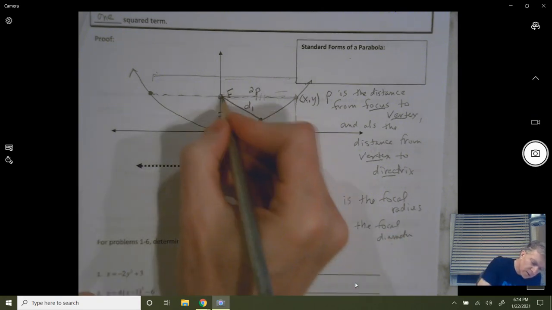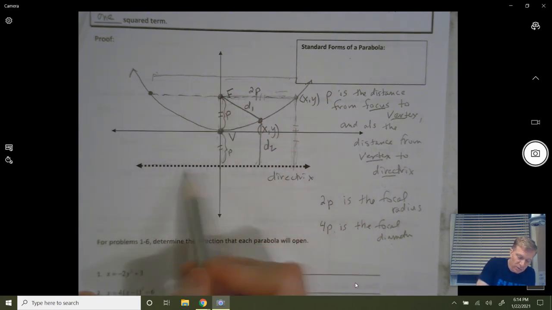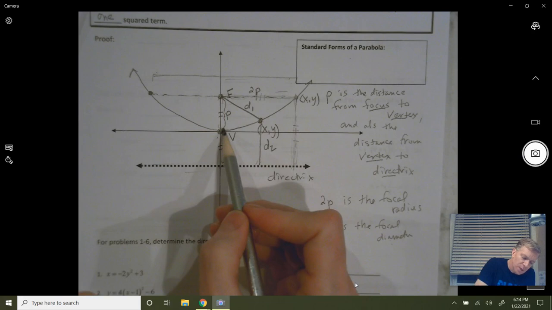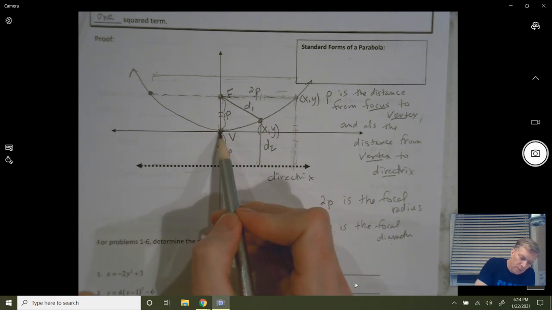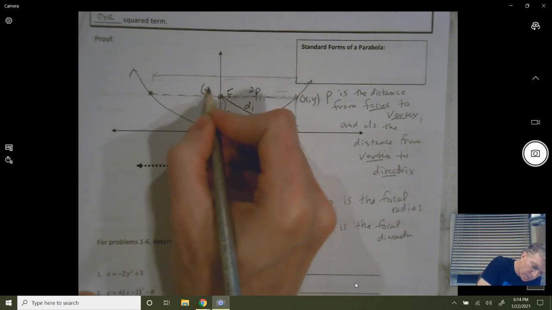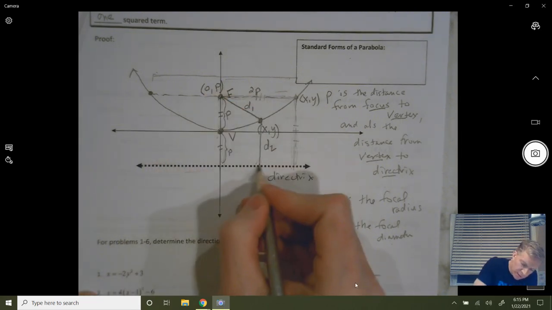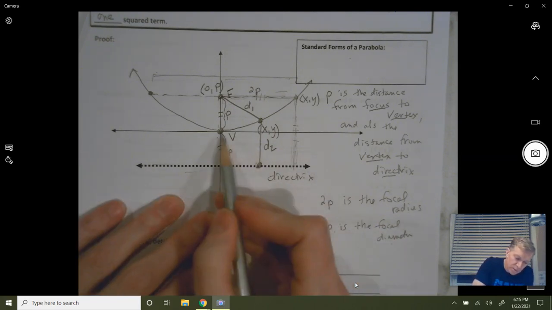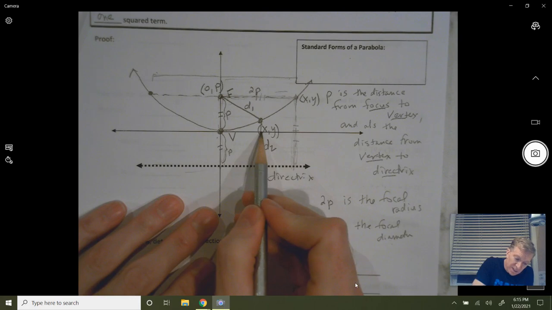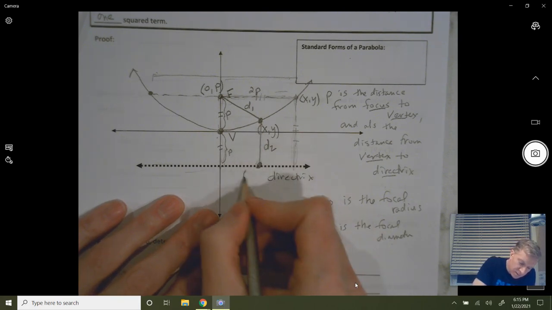This point here, I know it's on the y-axis because of where I drew everything. So my x-coordinate is 0. My y-coordinate, I'm going up p. This is the point 0 comma p. This point right here, we can figure out this point too. The distance I move in the x direction is the same as this x-coordinate, so I'm going to call it x.